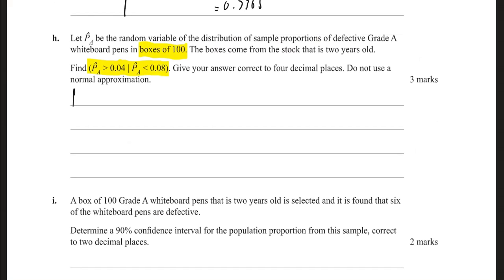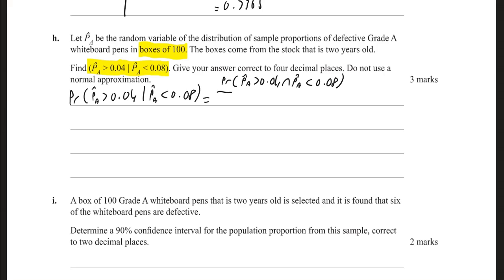So PR of p-hat is 0.04, equals, divided by... so now we want to find it in terms of x and get rid of these decimal points and make it in terms of greater than or equal to or less than or equal to as well.